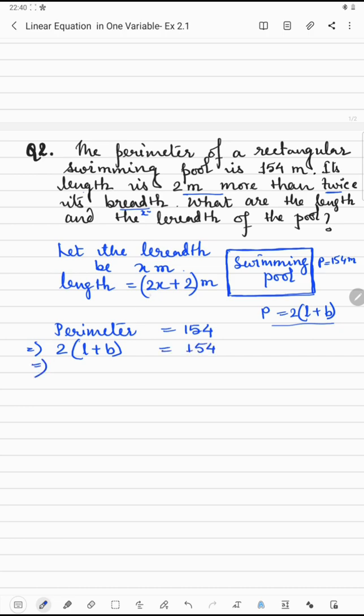Now this is length, so here you can mention this is L, and here you can mention this is B, breadth. So in place of length we can write 2x plus 2. This is length. And in place of breadth we can write x, because we have considered breadth as x meter, is equals to 154.